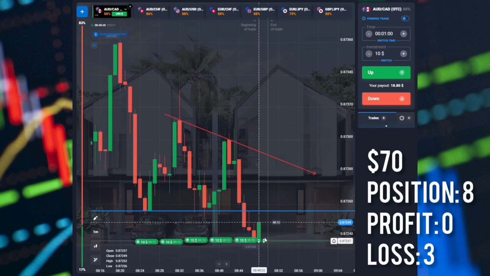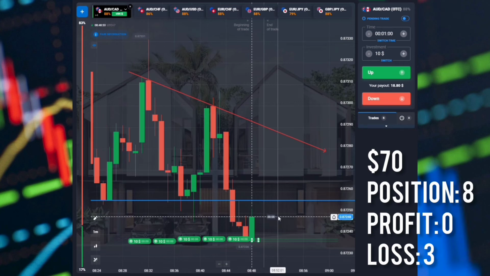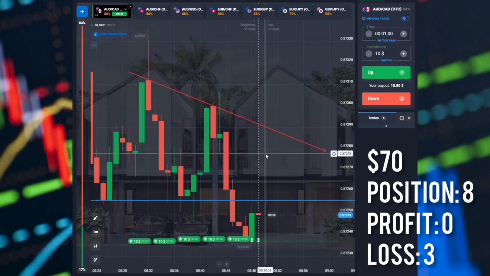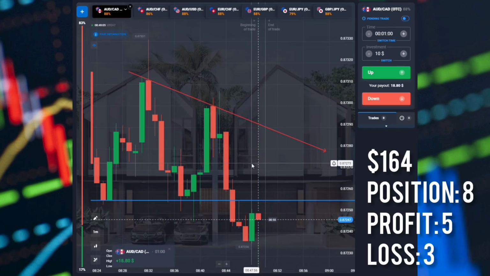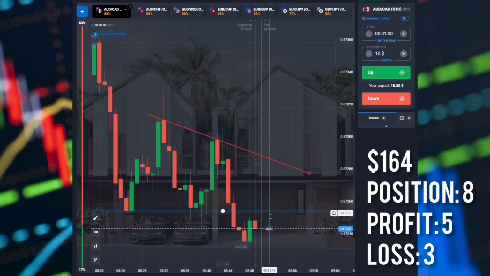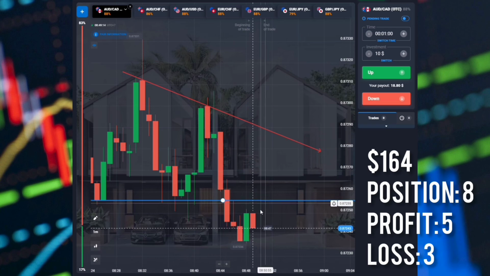Okay, this is looking good actually. Yeah, just as I expected. And yep, all right. Eight positions, five profit and three losses. Okay, let's get going.